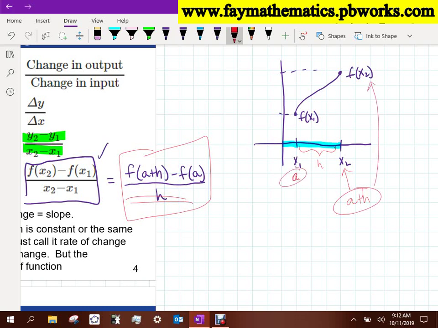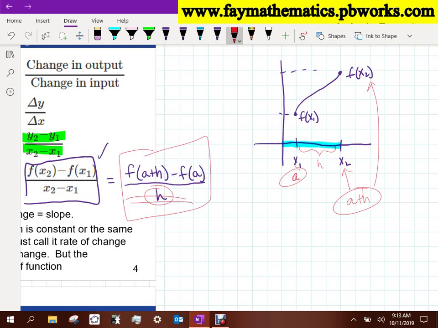Well, when I plug those in, now it's not f of x2, it's f of a plus h. It's not f of x1, it's f of a. Does that make sense? And then I do the difference in those y values. Now, if I do the difference in these x values then, if this is x2 and this is x1, and I subtract them, a plus h minus a, it leaves me with just h. So what I want you to see there is that those two formulas are identical. They're just a redefinition of terms or variables, okay?